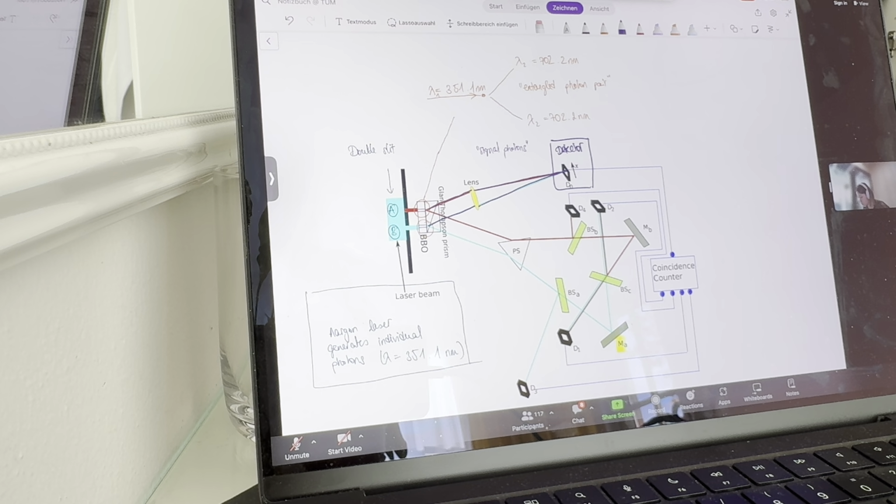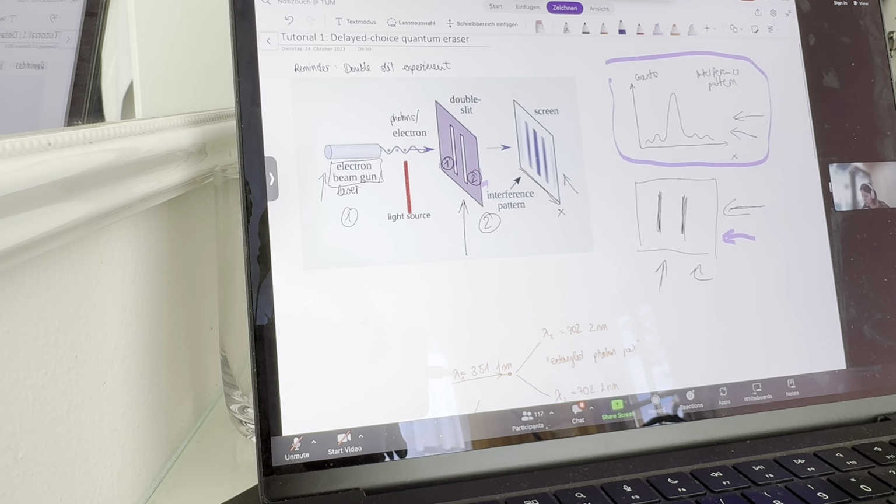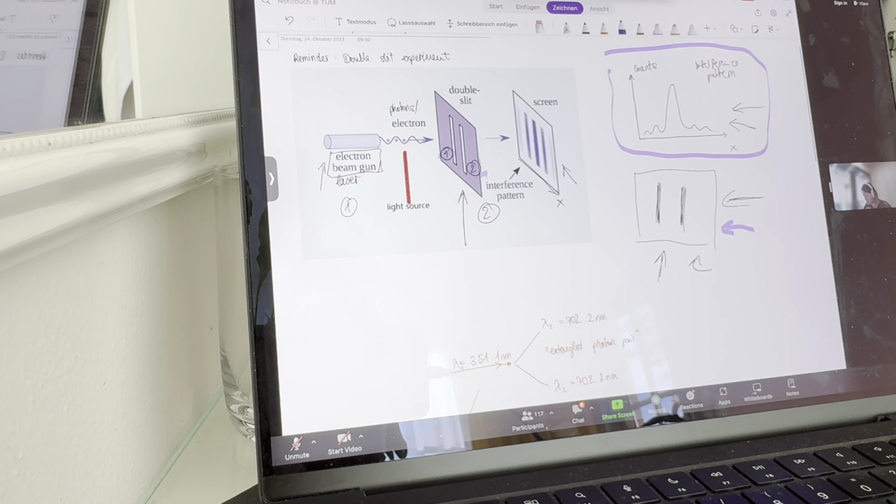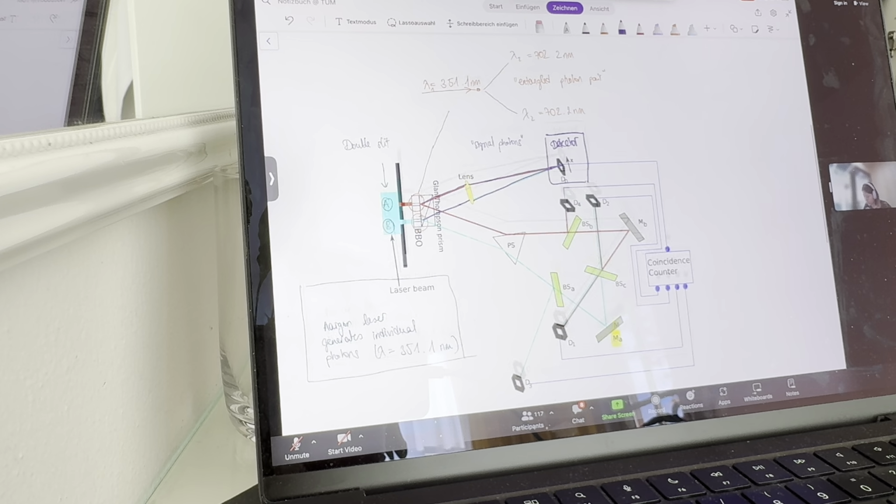So basically these two signal photons are just the same as the photons in the double slit experiment that are detected on the screen. Due to this more enhanced setup, we now still have access to two other photons. These are the two photons that take the path going downwards, right?